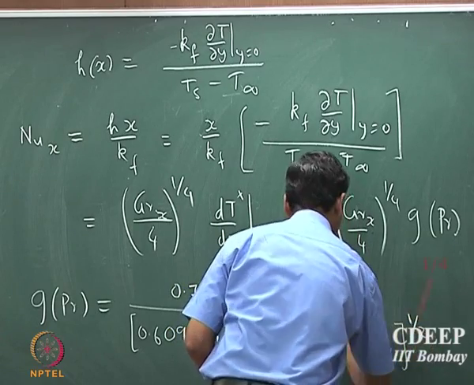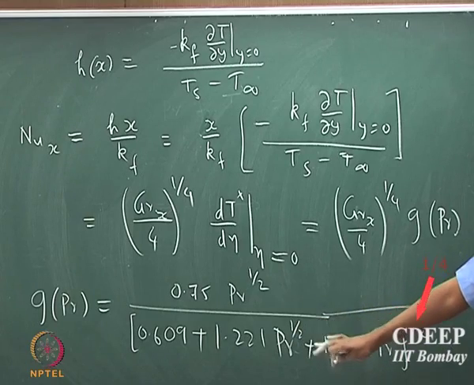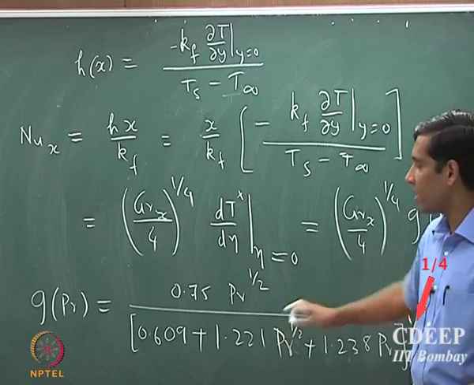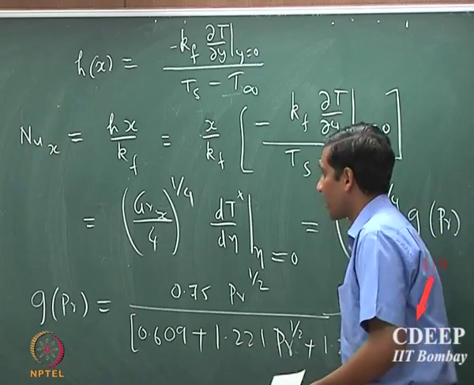I don't expect you to remember any of these expressions, but it's important to realize that these expressions do exist. Okay, it will always be given to you in your exam.